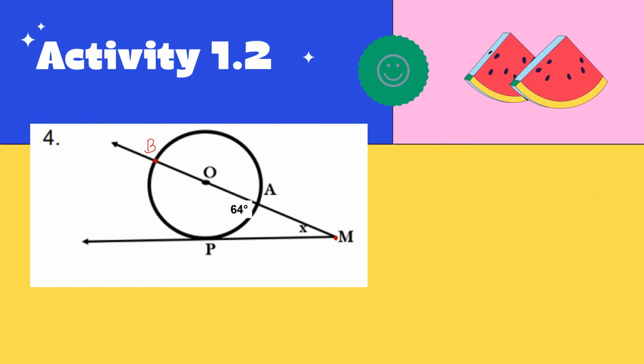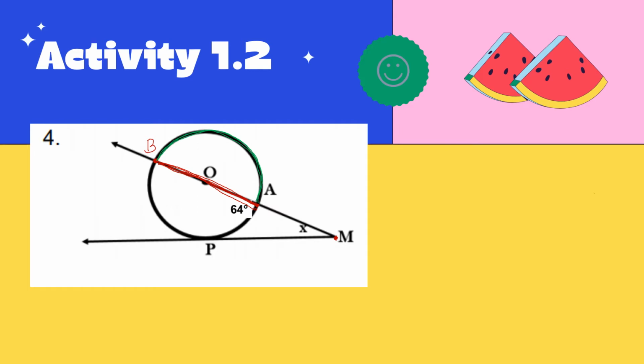So, the segment BA here, which is part of the secant, is actually a diameter. This is a diameter because it's a chord that passes through the center. We know that a diameter cuts the circle into 2 equal parts, meaning that the arc involved here, let's say this one, is a semicircle, right? And a semicircle measures 180 degrees, which is half of 360 degrees.